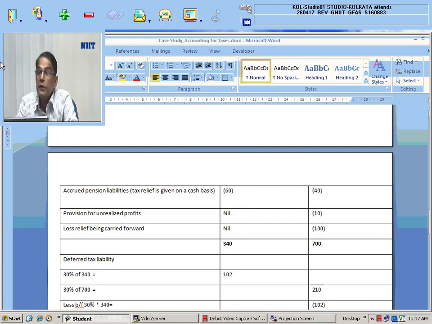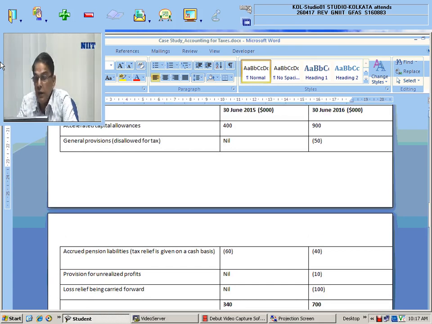Taxable temporary differences give rise to deferred tax liabilities. The first one, accelerated capital allowance, is a taxable temporary difference, whereas the others like general provision, accrued pension liabilities, provision for unrealized profits and loss relief being carried forward are deductible temporary differences.